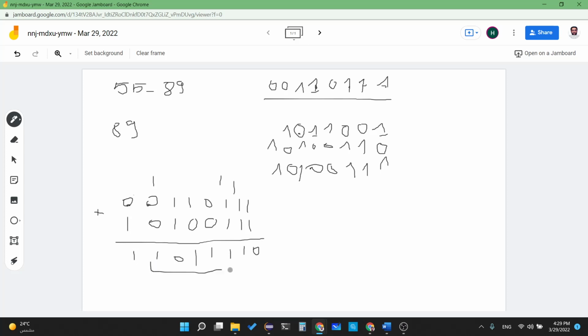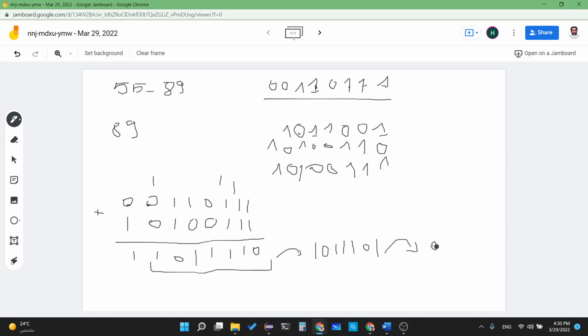Okay, so we have a negative number. To verify that the result is correct, we convert this back to 1's complement, so we subtract 1 here. So we get 1, 0, 1, 1, 1, 0, 1. I took only the magnitude bits and I subtracted 1, and then we flip back again to the signed magnitude representation.